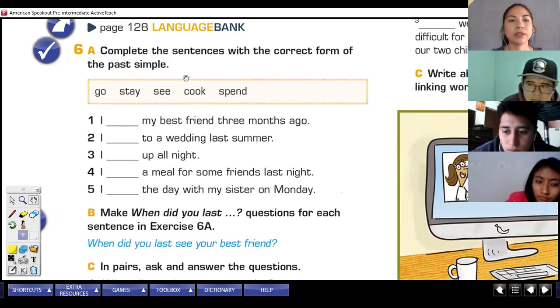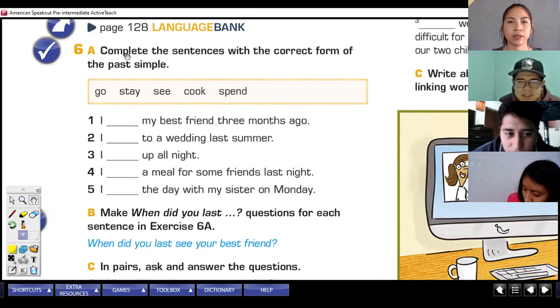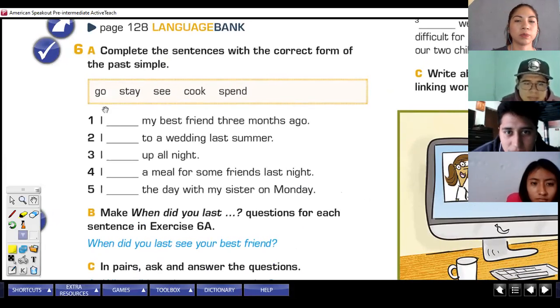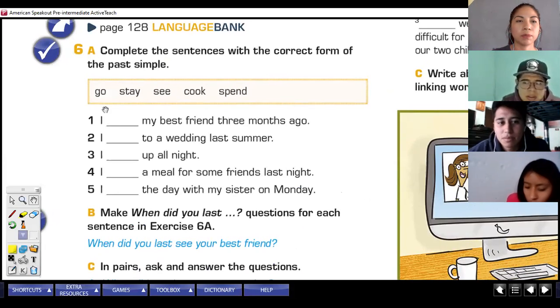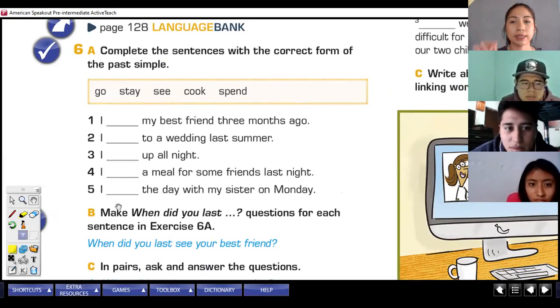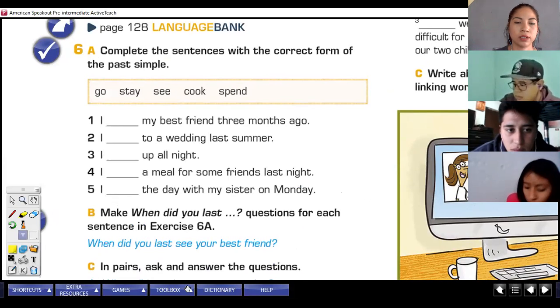Please, Carlos Eduardo, read the instruction. Complete the sentences with the correct form of the past simple. Okay. Can you please, all of you, complete, use past simple. And then we check your answers. You have 2 minutes, please.